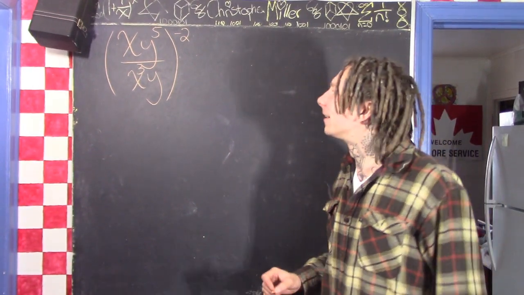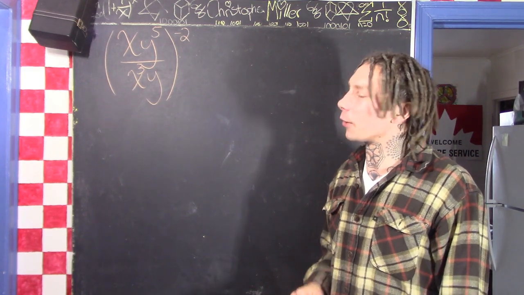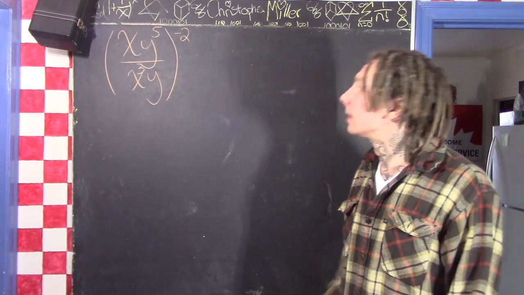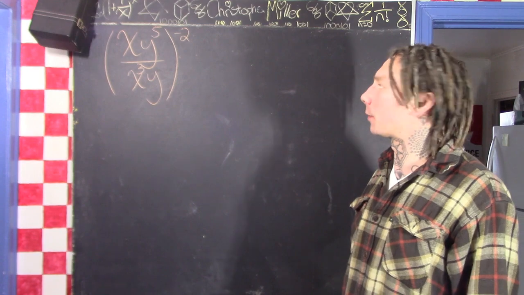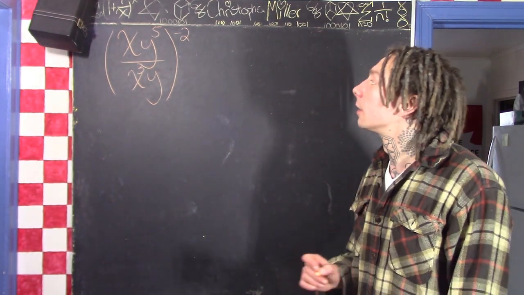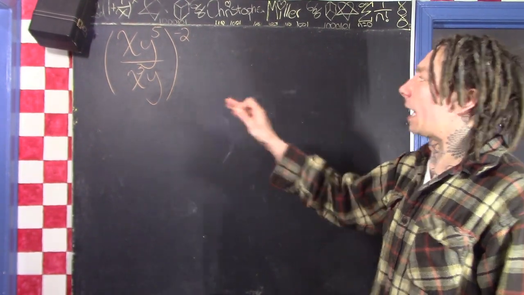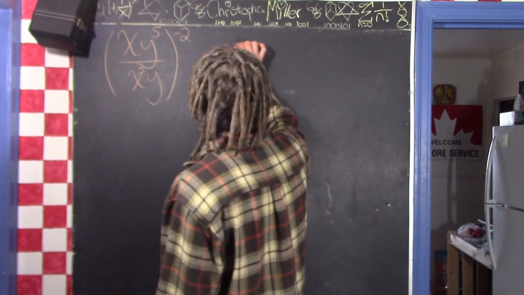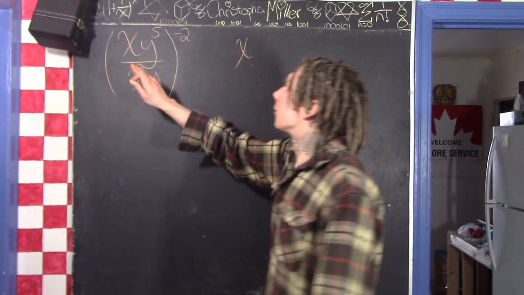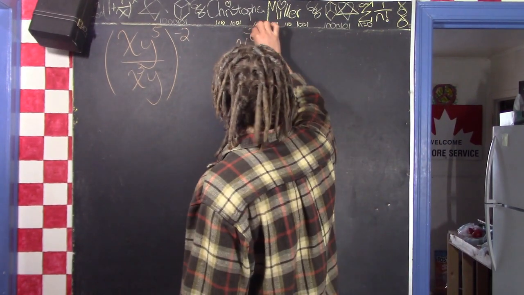Here you go. We're going to simplify x multiplied by y to the power of 5 divided by x cubed multiplied by y. All of that is to the power of -2. So to start this, we'll do inside the parentheses. We'll start with the x's, which would give us x divided by x cubed would be x to the power of -2.